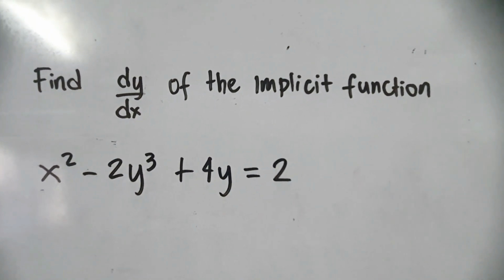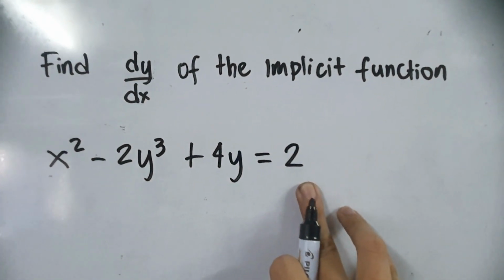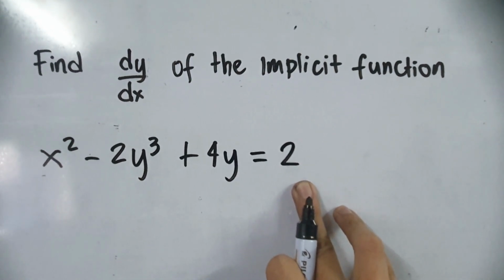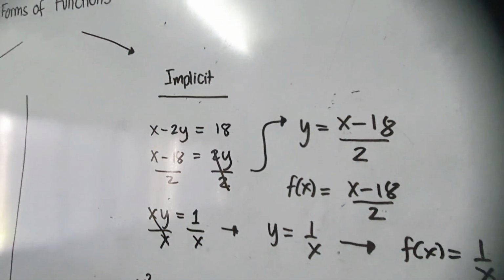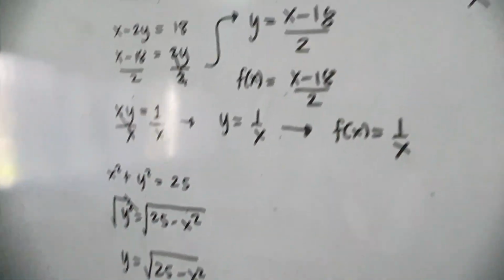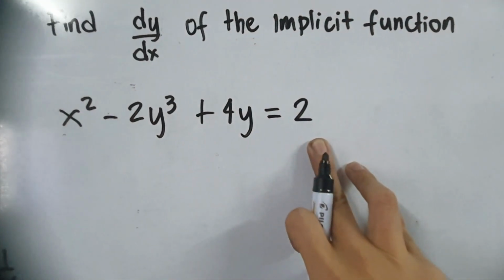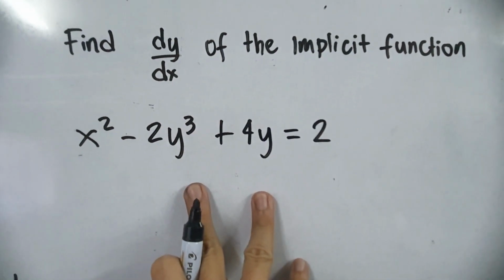Apparently, this type of function, x squared minus 2y cubed plus 4y equals 2, is no longer the same as what we have previously, because this particular example has y cubed and y on this side of the equation.